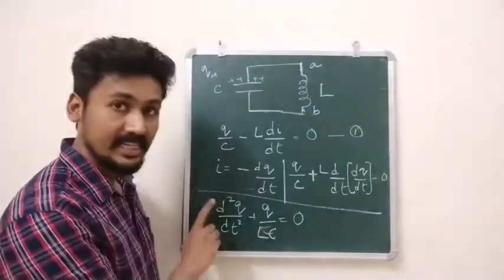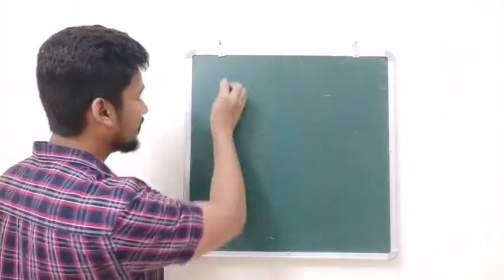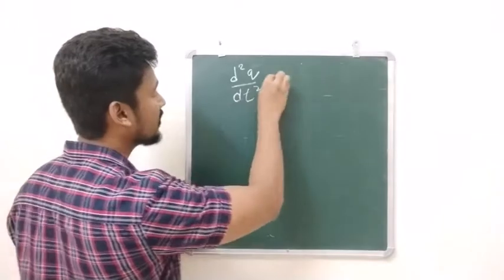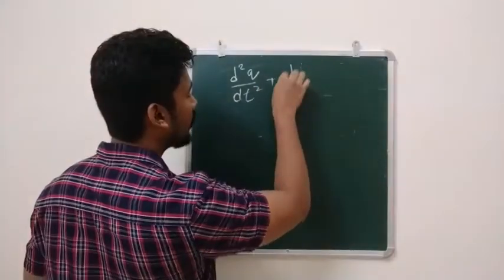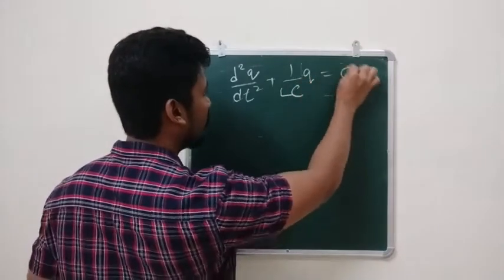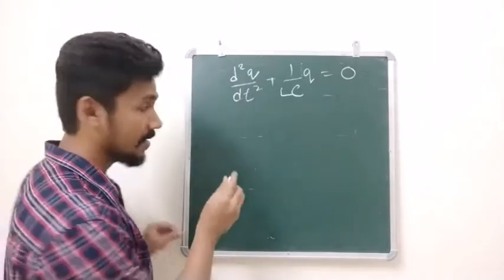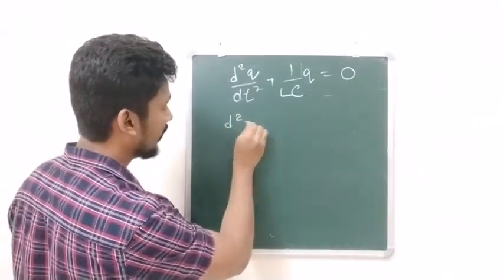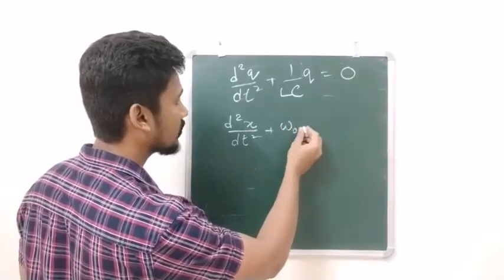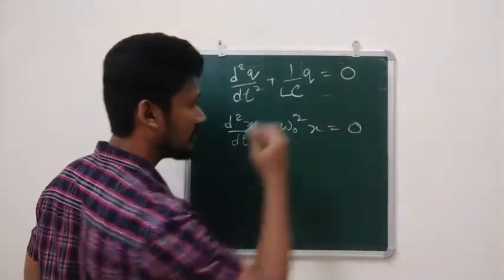And if you observe, this equation shows a simple harmonic motion. So here is the relation we got: d²q/dt² plus 1/LC into Q equal to 0. And as you said, this represents a simple harmonic motion in this form: d²x/dt² plus omega naught squared into x equal to 0.